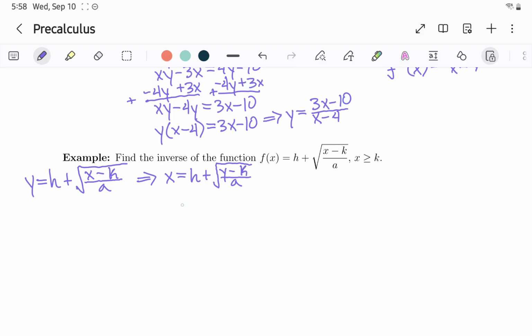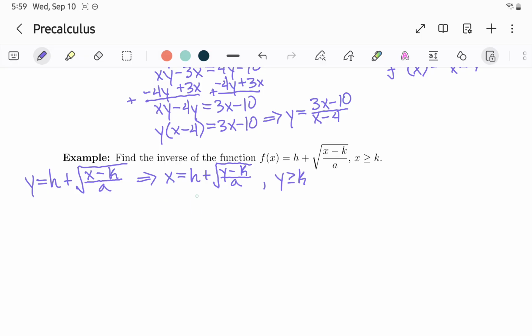So let's see that. Let's start trying to solve for y. To start, we can square what we have under the square root. Let me go ahead and say that this is for y greater than or equal to k. Actually, wait.